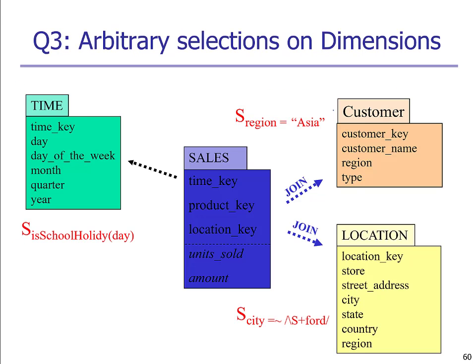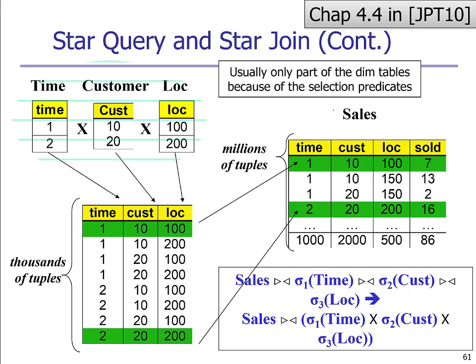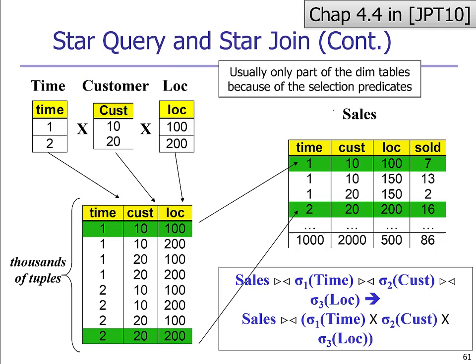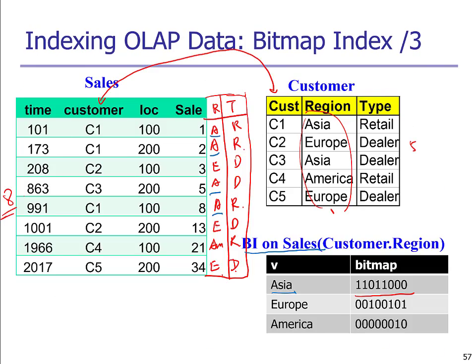And arbitrary selections on dimensions, or other kinds of operations that can be supported by different kinds of indexes in a data warehouse. So that's all for today. We will continue tomorrow.